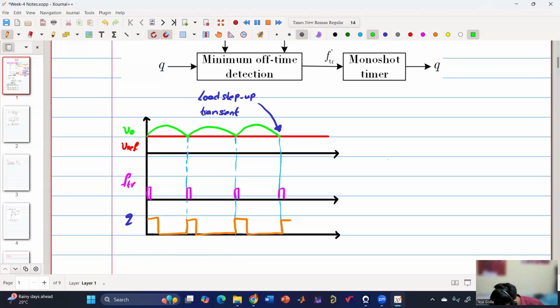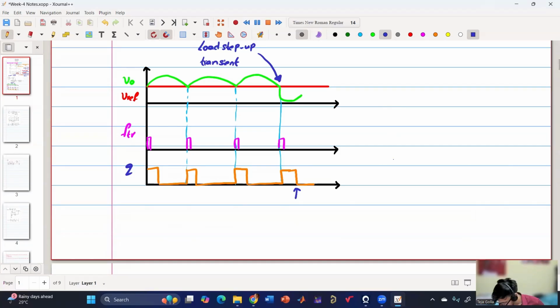So let us say that V naught has seen a dip, and then it is trying to charge back because of our constant on time. And then my on time pulse is fixed. On time is fixed, and then now it is off time. So from this instant, off time has started.